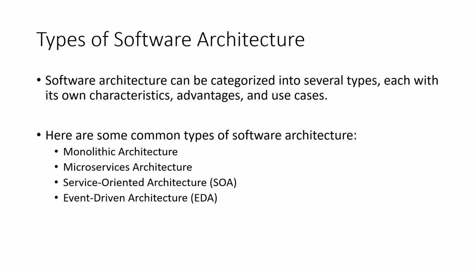So you have a tight dependency between the modules, whatever I said: login module, registration module, task module, leave management module, or payroll module. All the modules within the source code will be tightly coupled and interdependent on each other in a single source code unit. That is called monolithic architecture.